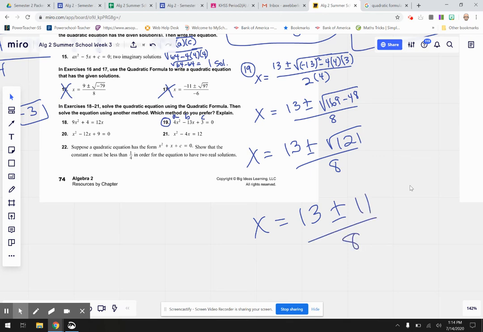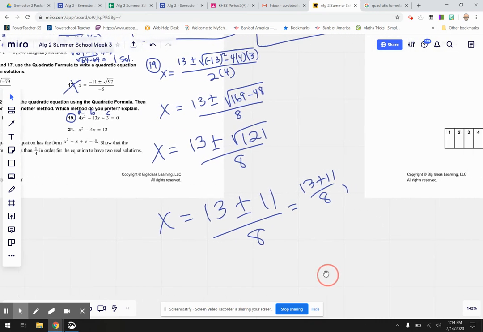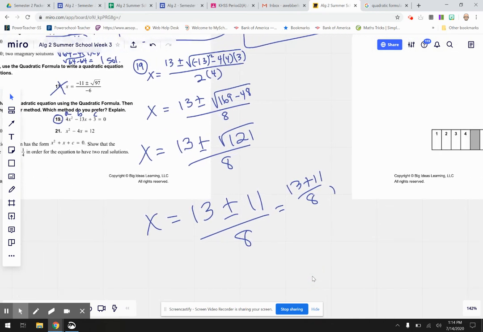So plus or minus means you got 13 plus 11 over 8, and 13 minus 11 over 8. So you get two possible answers. The first one is 24 over 8, which is 3. The second one is 2 over 8, which is 1/4. So your two answers were a positive 3 and a positive 1/4 for number 19.